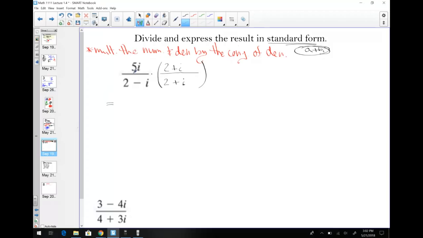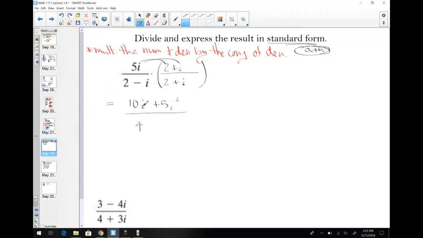So when I multiply this through, I have this 5i times 2, which creates a 10i, 5i times i plus 5i squared, all divided by, and y'all remember our shortcut? Our first is 2, so I've got 2 squared, which is 4.